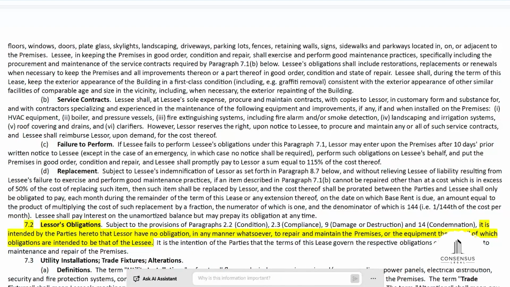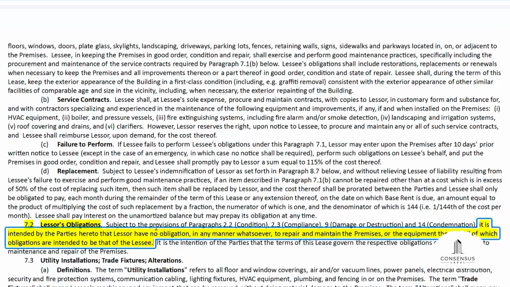So this is absolute, in any manner whatsoever. So this is the net lease.